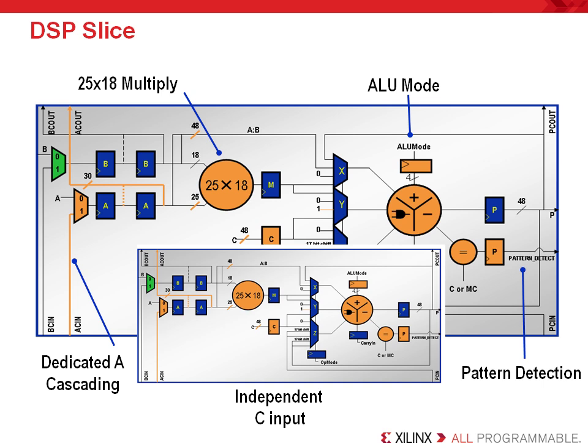This enables other functionality like pattern detection. This block also has a separate C input that can be used for loading values into the DSP Slice. Additionally, there is a dedicated cascade chain that enables the creation of even larger arithmetic and DSP functions. This feature also enables a wide variety of filters to be implemented.